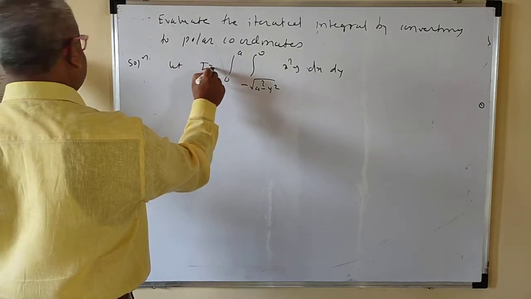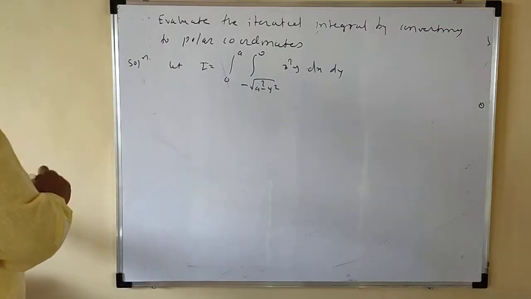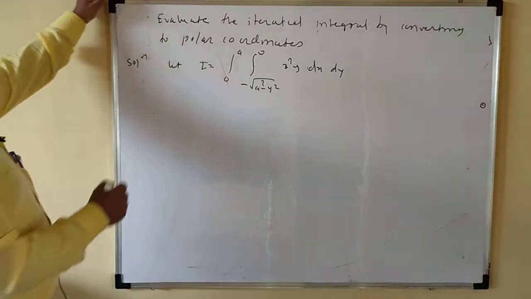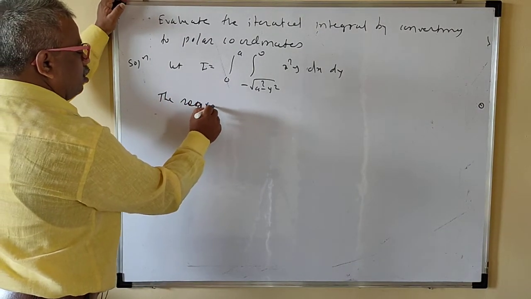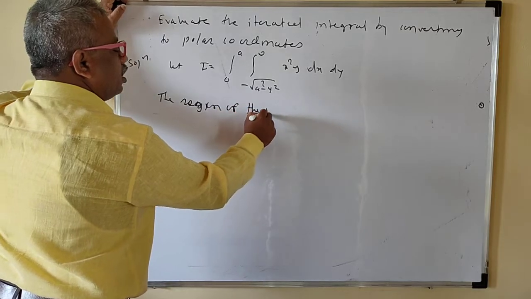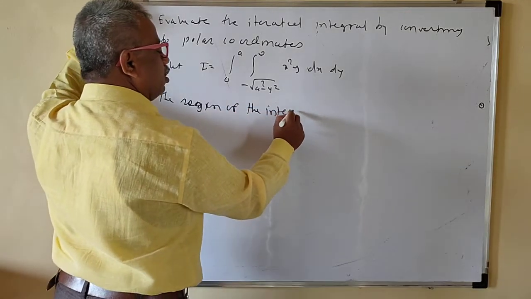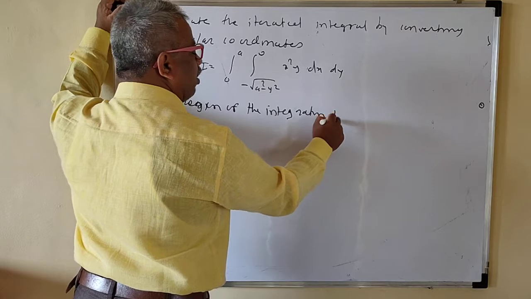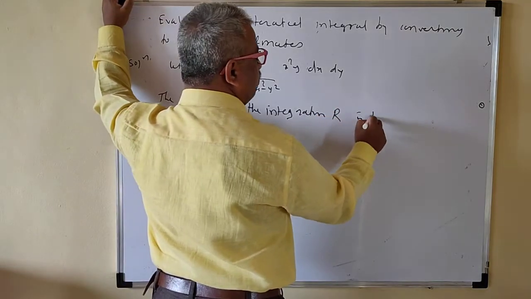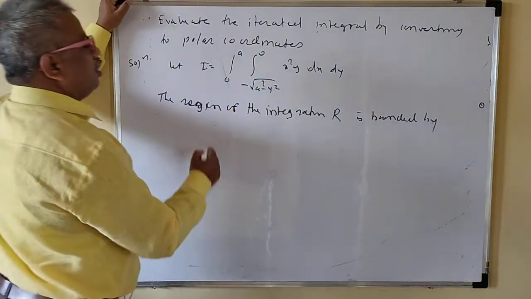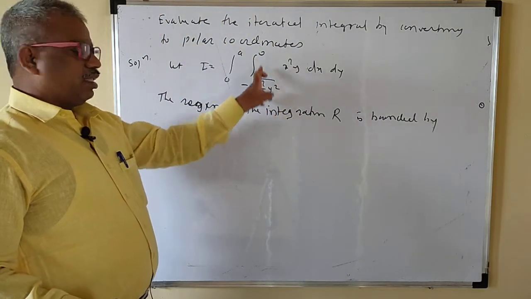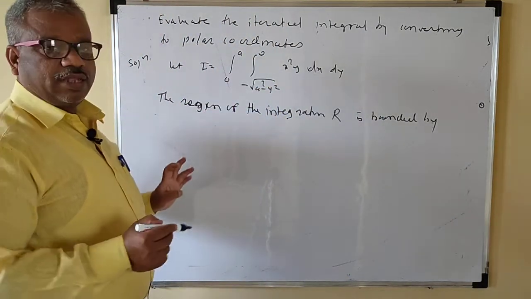Let I is equal to this. Now see here the region of the integration. I will say the region of integration is bounded by, so these are the limits of y, and this is a function of y, that means these are the limits of x.